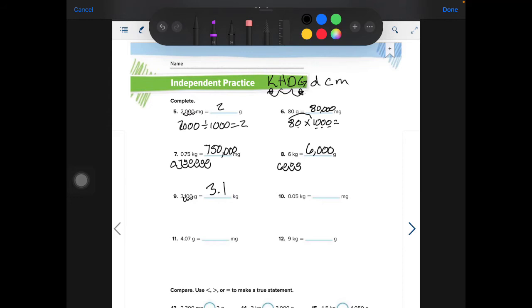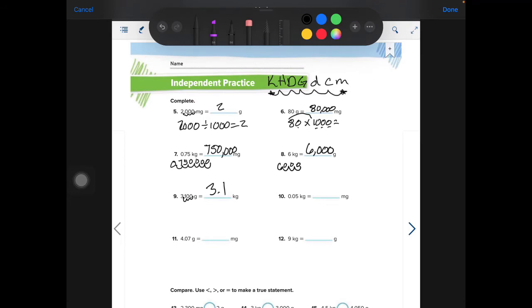Okay, now we have kilograms to milligrams. Ooh, we're going clear across the board for this one. Okay, so 1, 2, 3, 4, 5, 6.